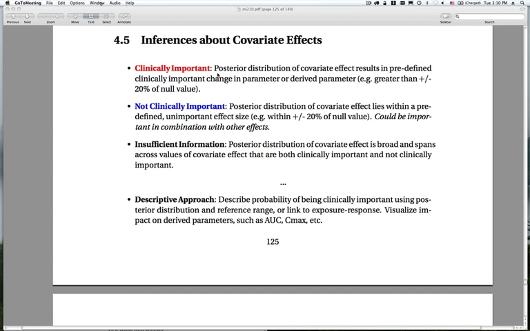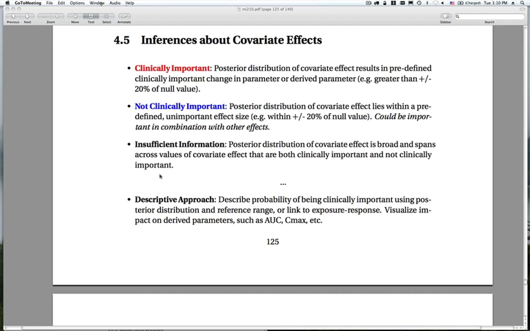And then lots of times we end up in this category of insufficient information. That's where the posterior distribution or the interval is broad and spans across a value of the covariate effects that both might be considered clinically important, and then another part of the range might be non-important from a clinical point of view. And that's because we don't have sufficient data or estimation precision to determine that.